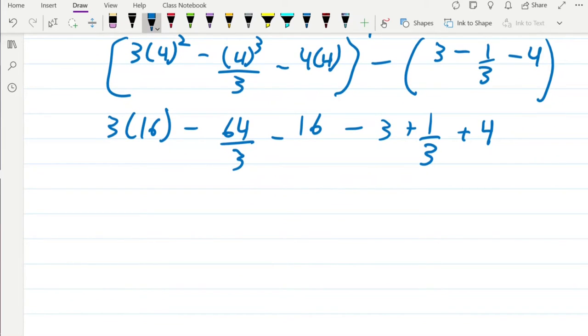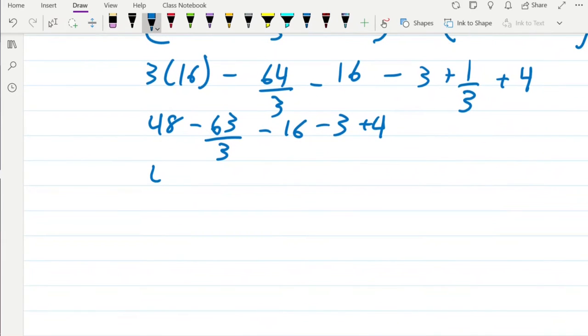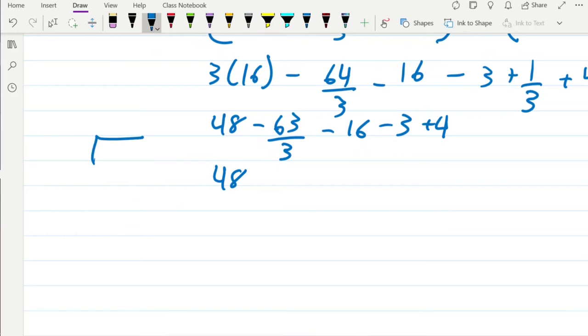So 3 times 16 is going to be 48 minus, we can combine those, so 63 over 3 minus 16 minus 3 plus 4. We have 48. 63 divided by 3 is 21, and then minus 16 plus 1.